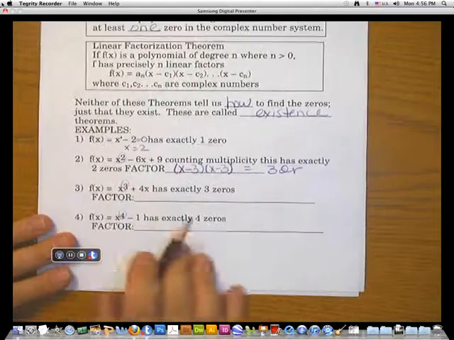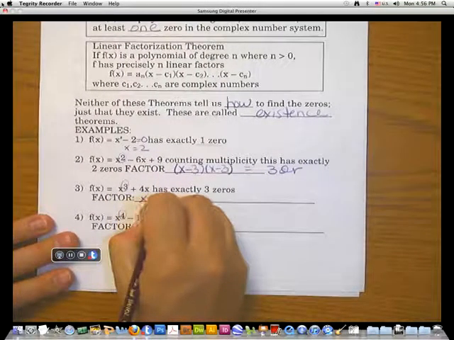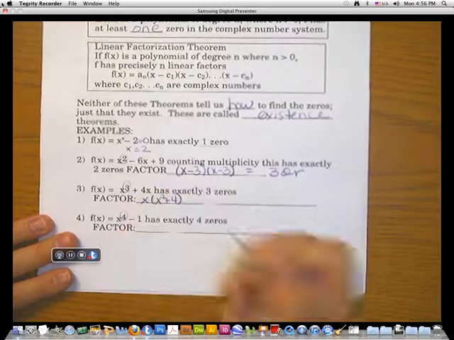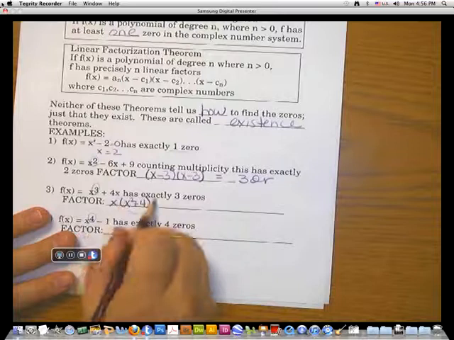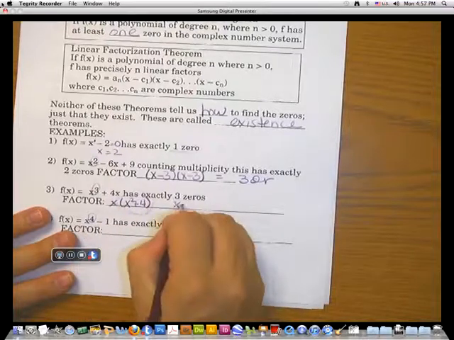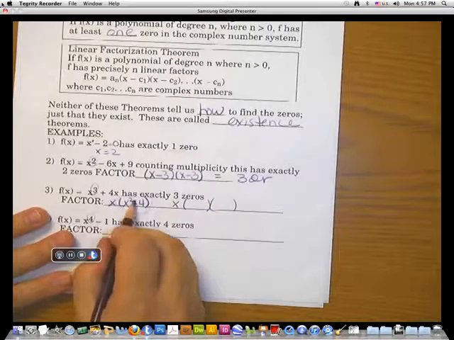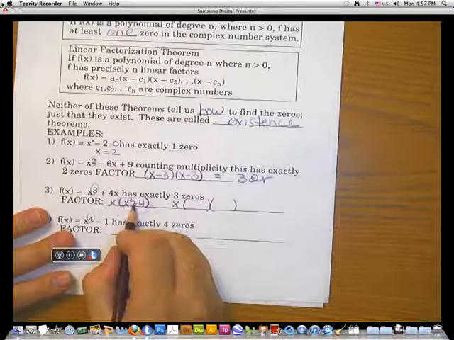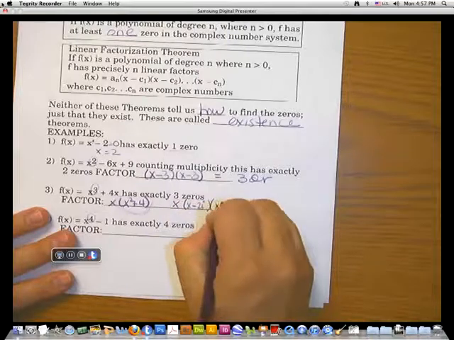x cubed plus 4x, I can factor out an x, so I get x, and then I get x squared plus 4. Well, this can be factored, but not into difference of squares because this isn't a difference. So if it's a plus, it's actually imaginaries.